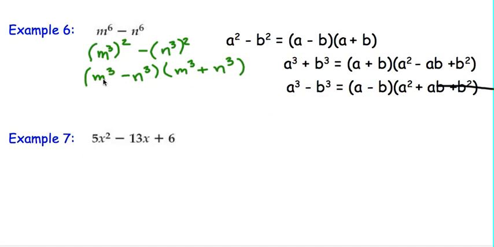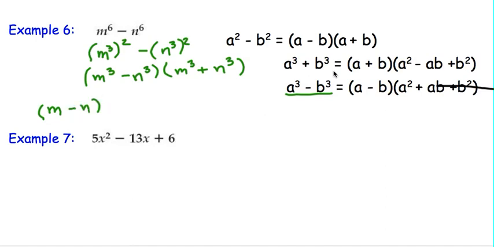So m cubed minus n cubed. That's going to follow this example down here. So I have a small set of parentheses that I write exactly what's here without the cubes. So I'm going to write m minus n.